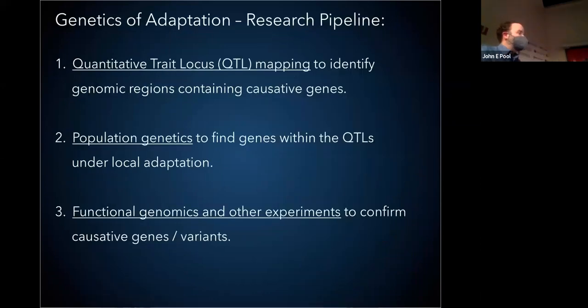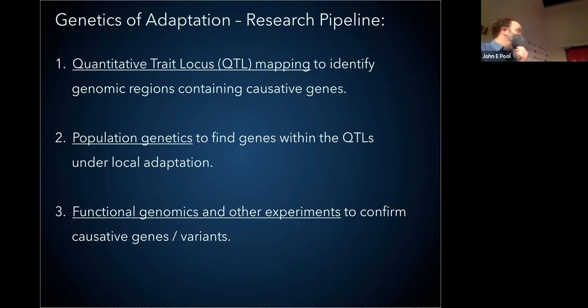We have kind of a three-part system for studying the genetics of adaptation in my lab. We start with QTL mapping just to identify which regions of the genome contribute to a trait difference between strains from our two populations. And then we can follow that up with population genomics, comparing genetic variation between the two populations within the QTL regions that we identify for that trait, and asking which of the genes in that region show evidence for elevated allele frequency differences between those populations, as you might predict to result from natural selection.